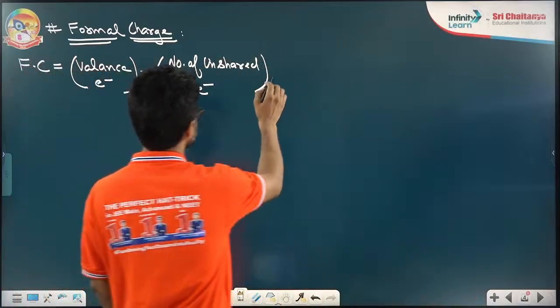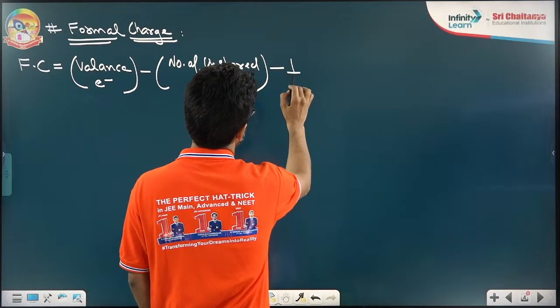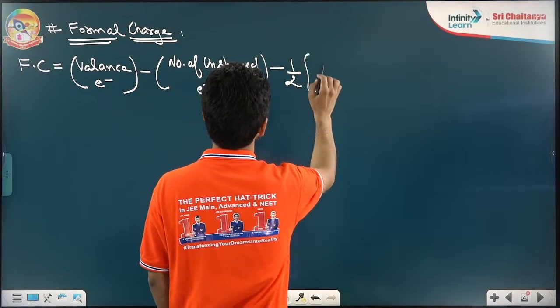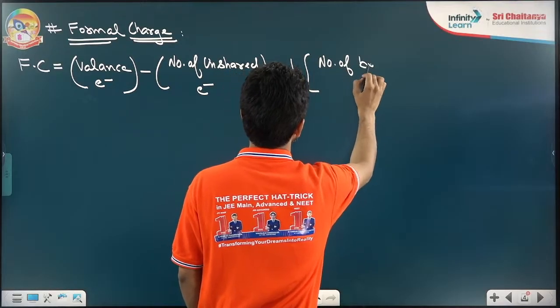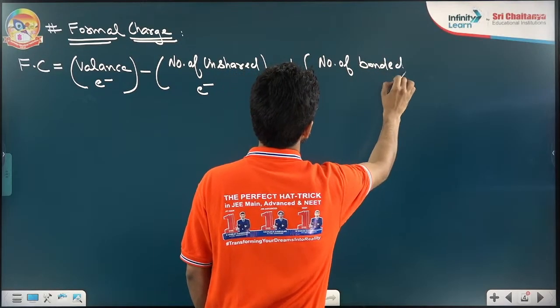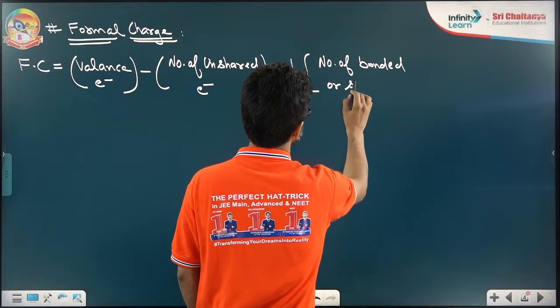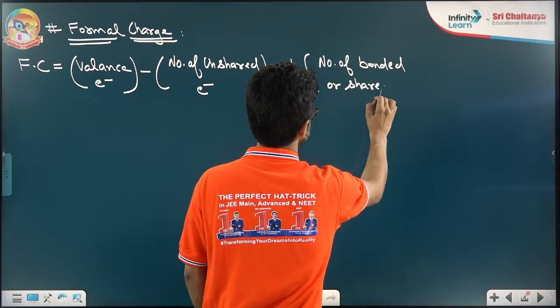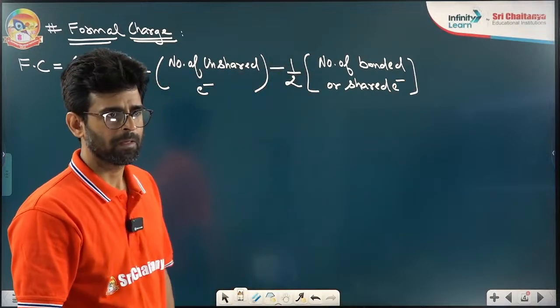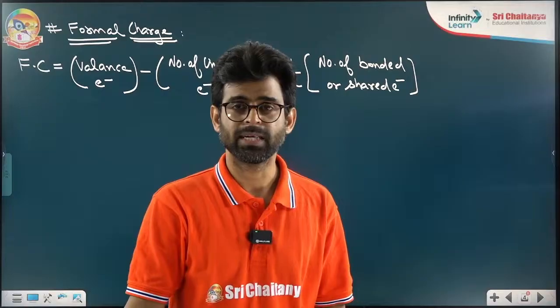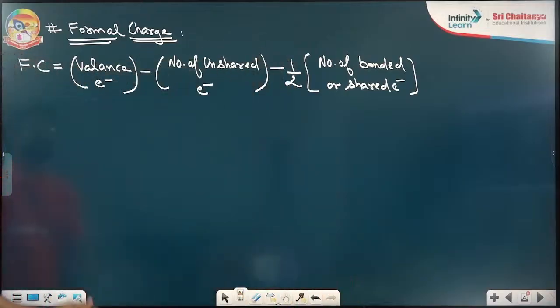And the next thing is half, 1/2, times the number of bonded or shared electrons, right? This is the formula, a very simple formula, bacha, right? So how can we find the formal charge? Let us see.